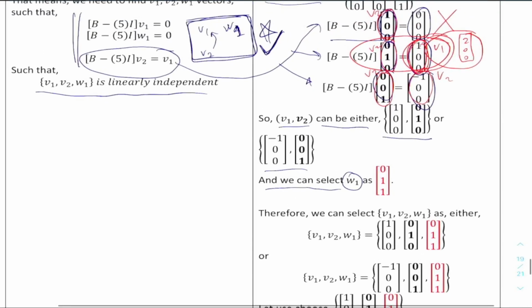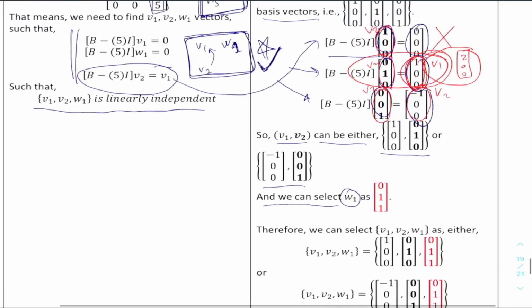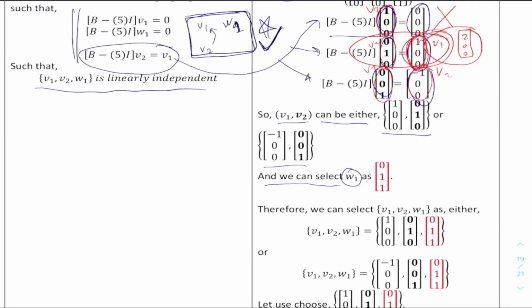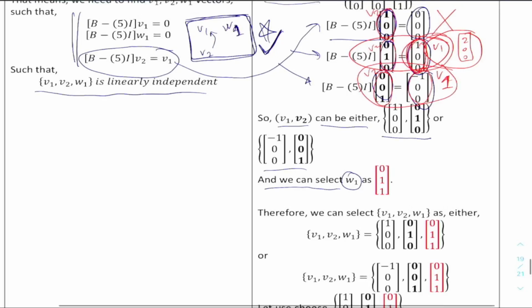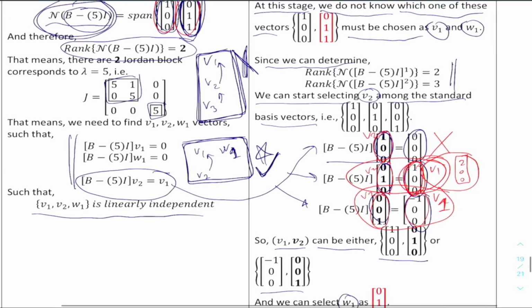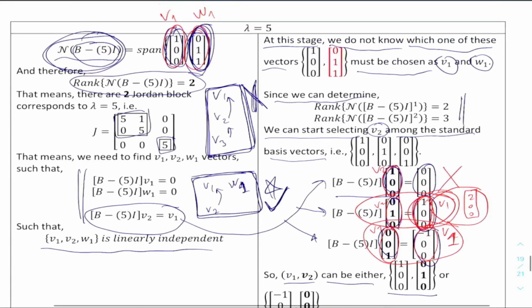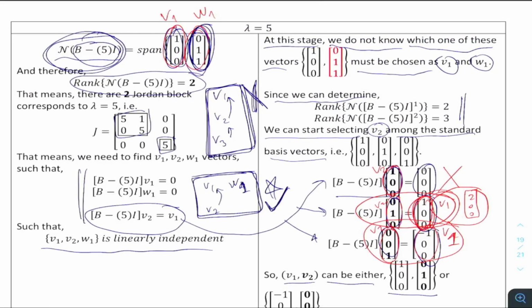Wait a minute, did I make a mistake somewhere? I directly ruled out this possibility. However, it says that this can be. Oh, I made a mistake. Yeah, that's a big mistake. I mean, not 100% a mistake, but I made an assumption I shouldn't make.